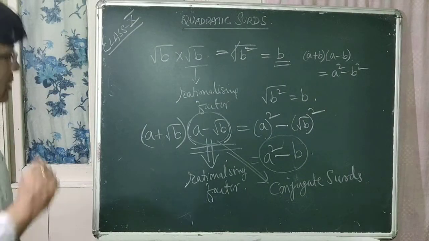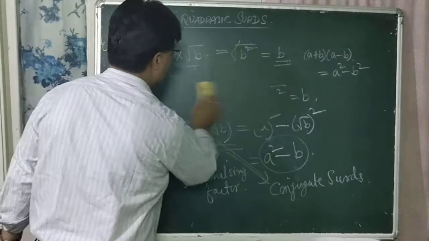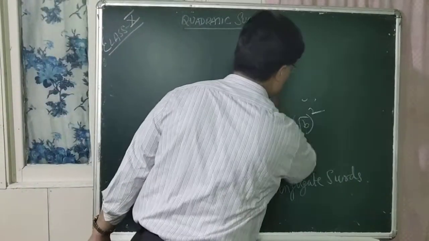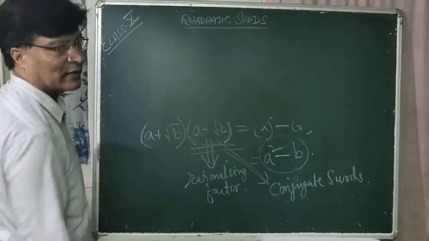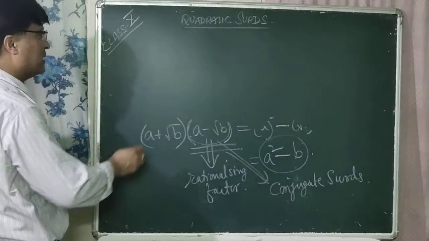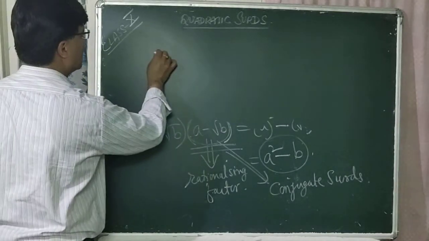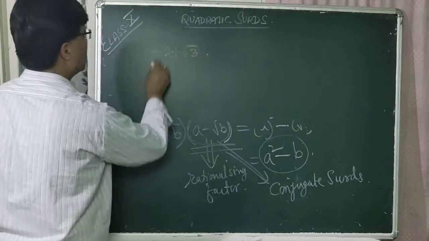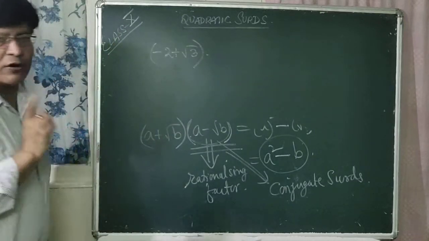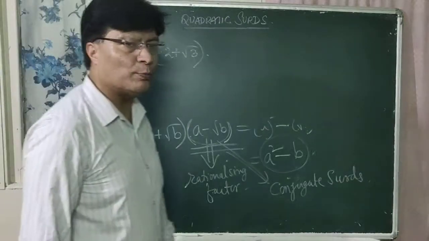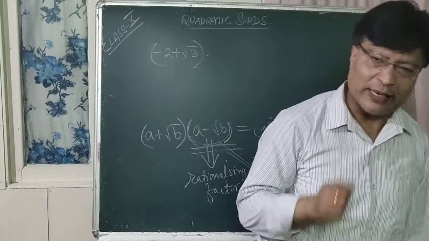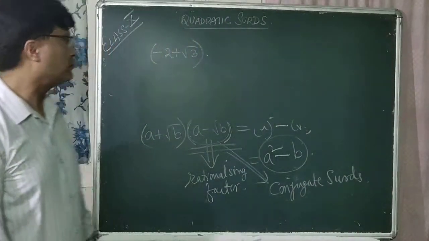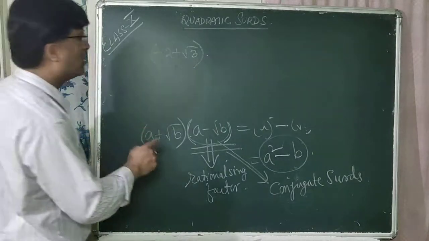Is that clear? So next I will show you some examples of how to rationalize a given surd, right? Suppose the given surd is minus 2 plus root over 3. Now here, which is the rational part?